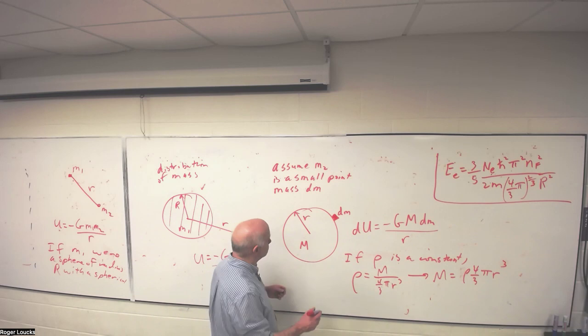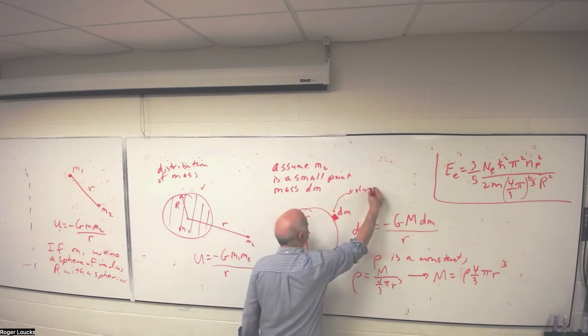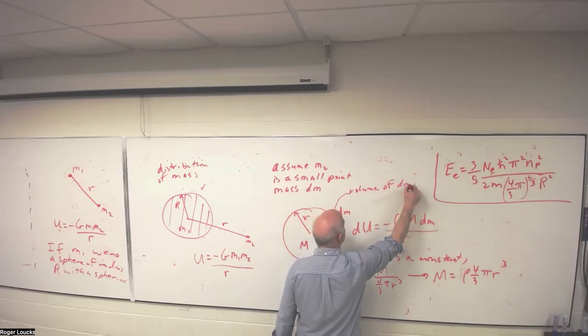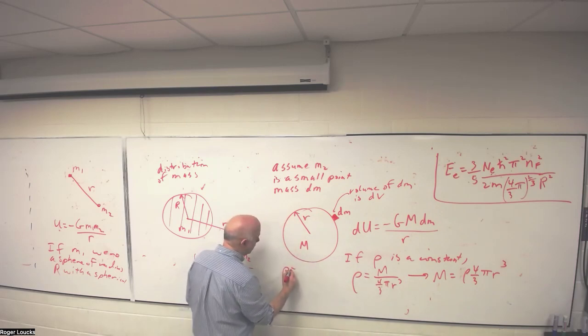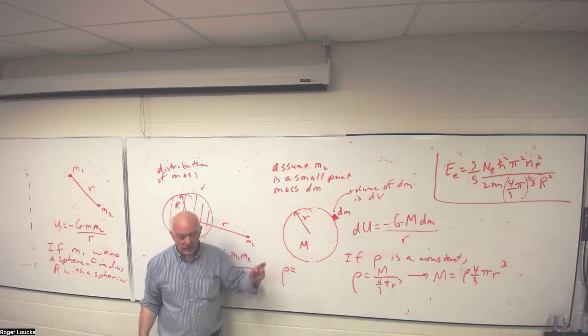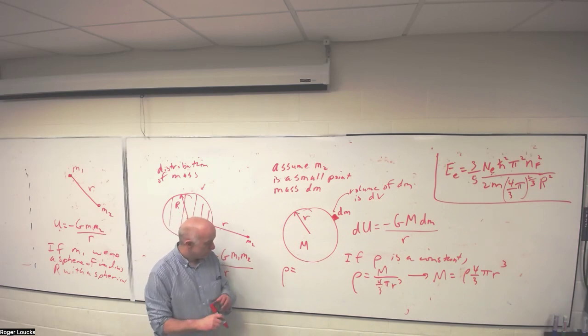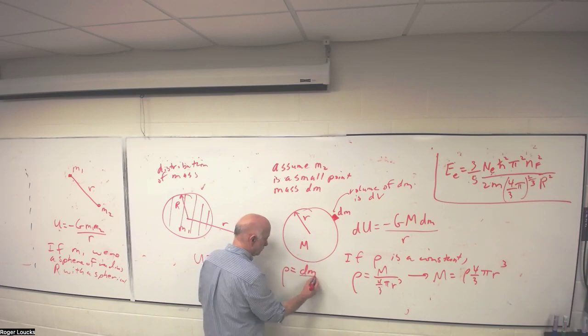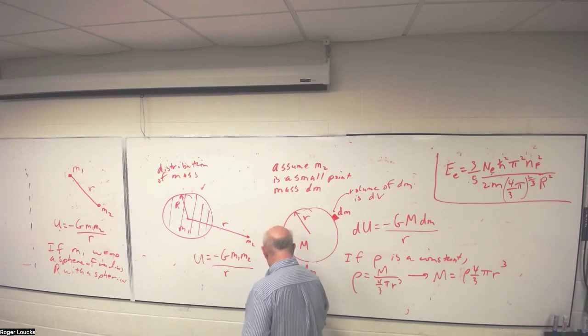Now, let's say this has a volume dV. How do I write the density of my little dm? dm over dV. So my dm is rho dV.